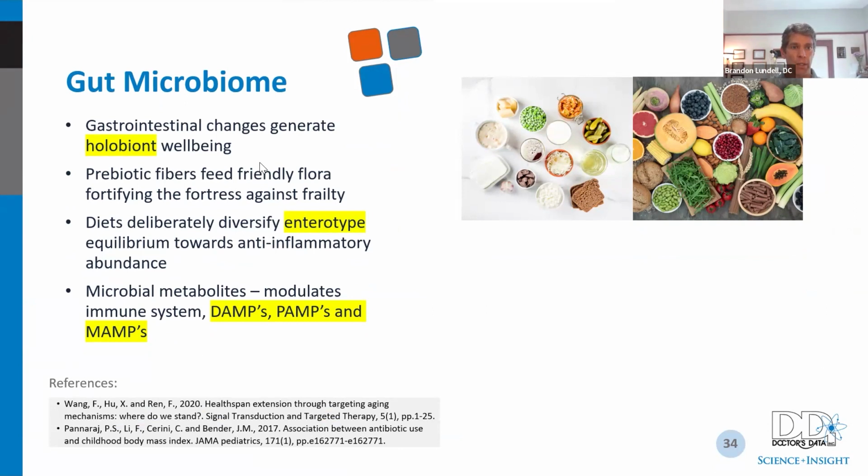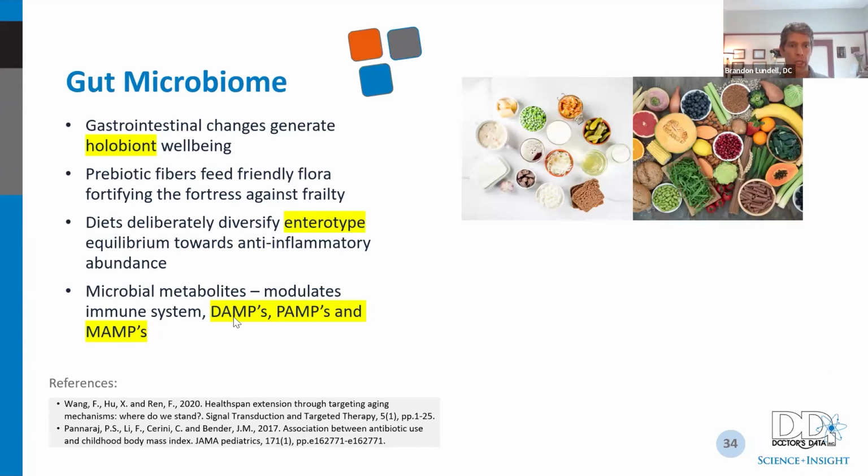Gastrointestinal changes generate the holobiont, right? The holobiont is everything that the gut is producing, whether it's good or bad for the body, whether it's short-chain fatty acids or lipopolysaccharides. The holobiont is what we are experiencing. Most people with leaky gut are absorbing these DAMPs and PAMPs, and also MAMPs, which is microbe-associated molecular patterns.